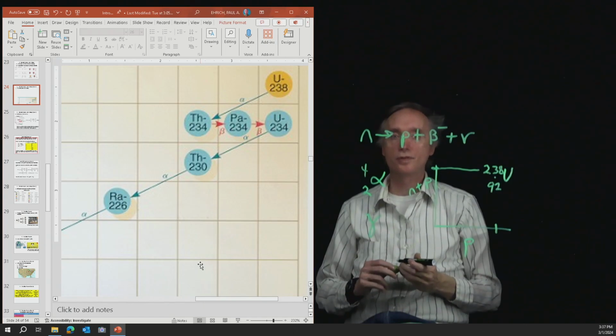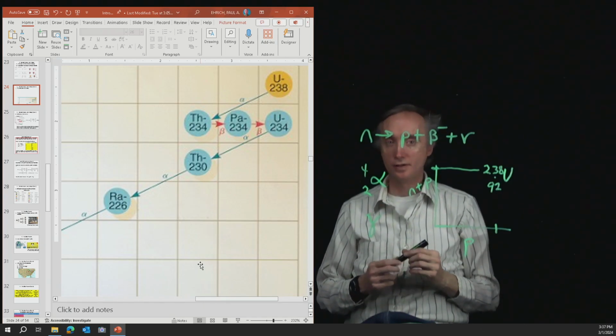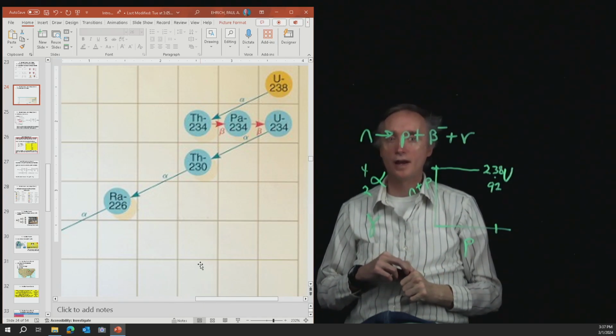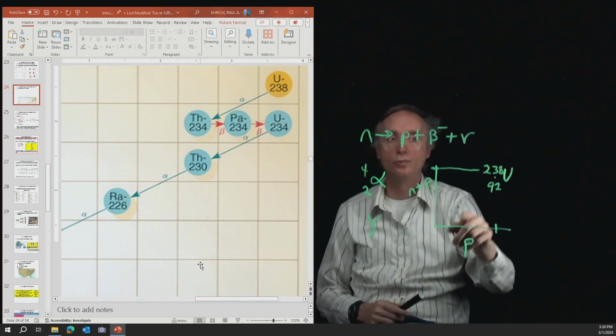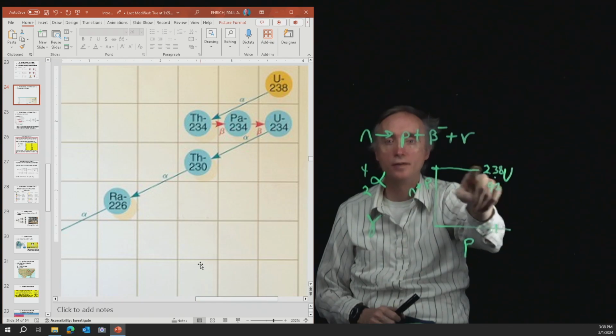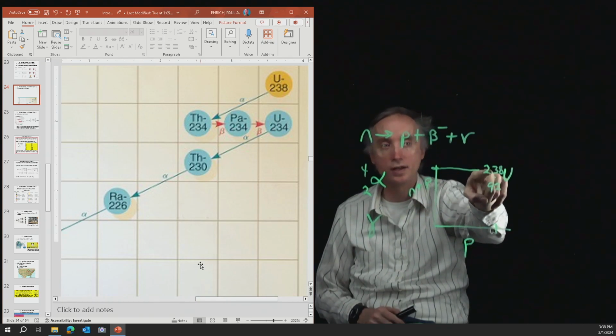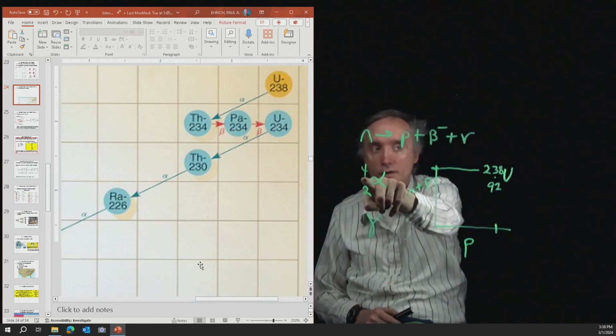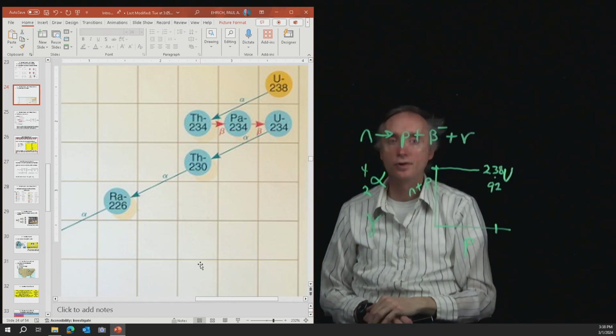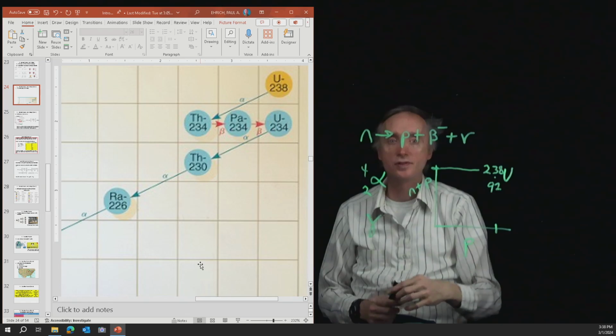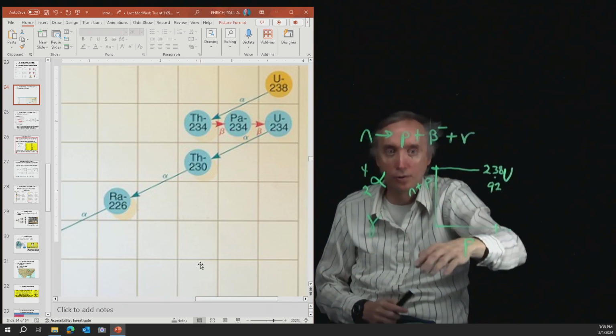So notice what the first reaction is: it gives off an alpha particle. So what happens when uranium-238 gives off an alpha particle? We're going to take 238 minus 4, which is 234. Did you see that it got a little bit lower?